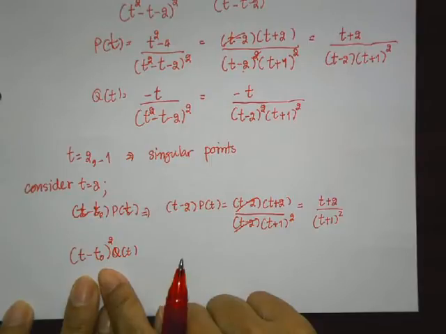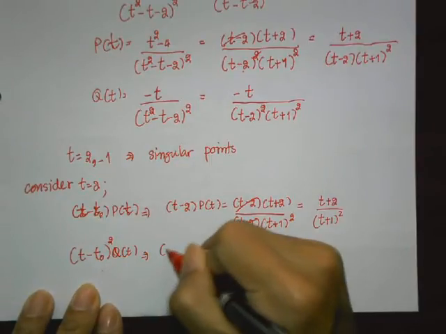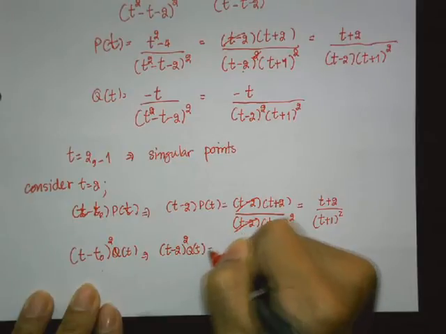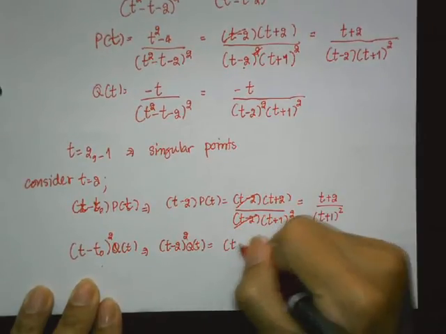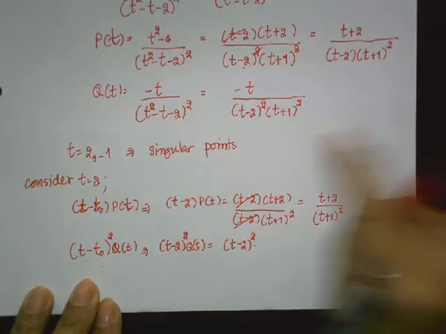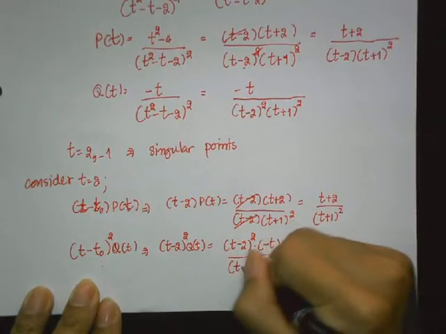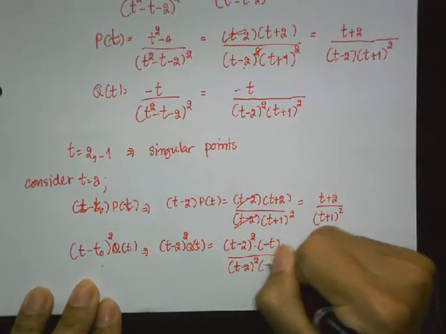Okay, now we do the second term, t minus 2 squared times q(t). Our q(t) is minus t divided by t minus 2 squared times t plus 1 squared.